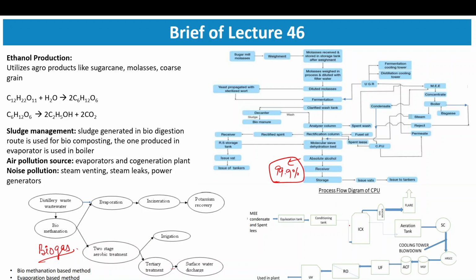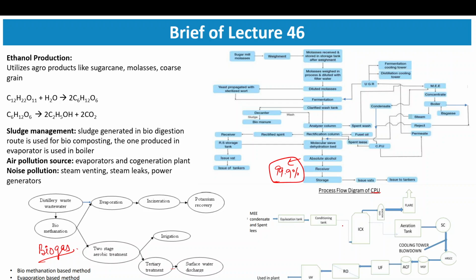And there is one more specific unit, which is the CPU, the condensate processing unit. In that case, you are getting the multiple effect evaporator condensate. Multiple effect evaporators are used to concentrate any stream. Whatever condensate you are getting might also be contaminated because it might be mixed, so it is first sent to an equalization tank and conditioning tank.